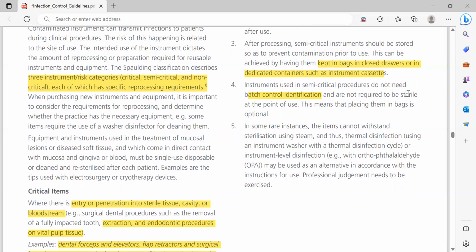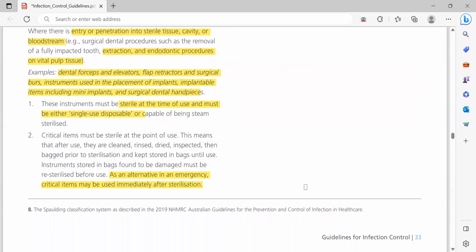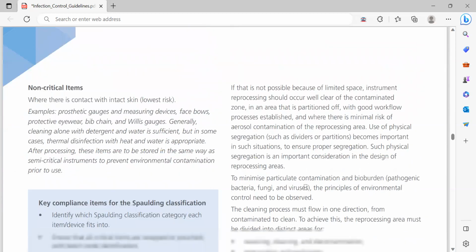They are also not required to be sterile at the point of use, which means placing them in a bag is optional. In some rare instances, items cannot withstand sterilization using steam, and for those items you only have the option of thermal disinfection, or instrument level disinfection may be used as an alternative.